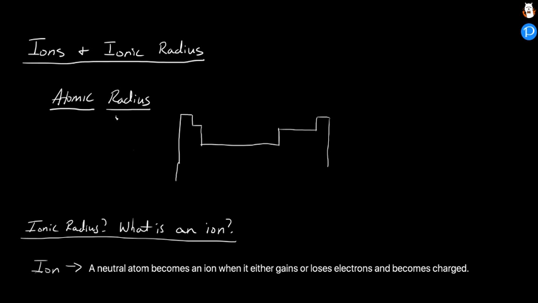When we were talking about atomic radius, what we were essentially talking about was really the size of atoms. And we saw some general trends within the periodic table when we were looking at the sizes of atoms.